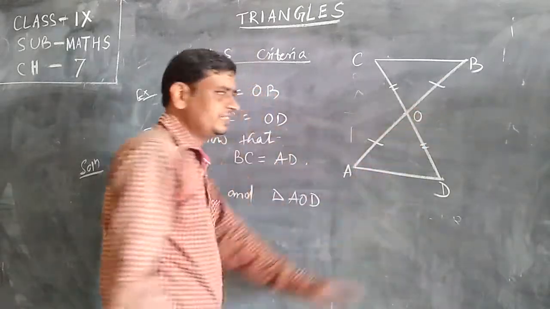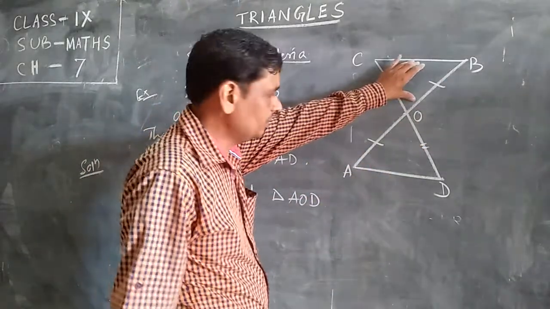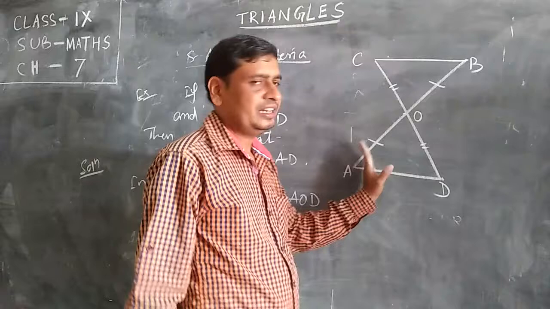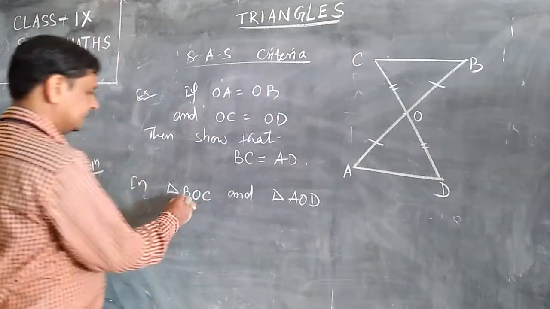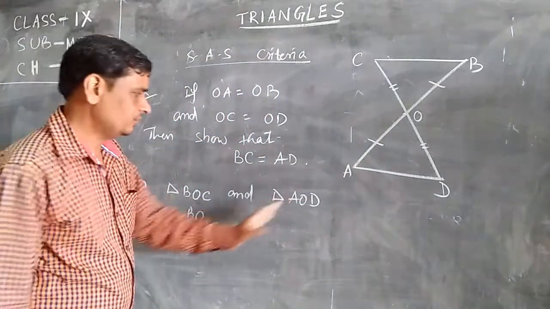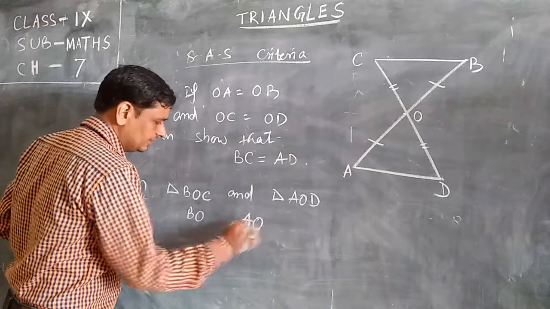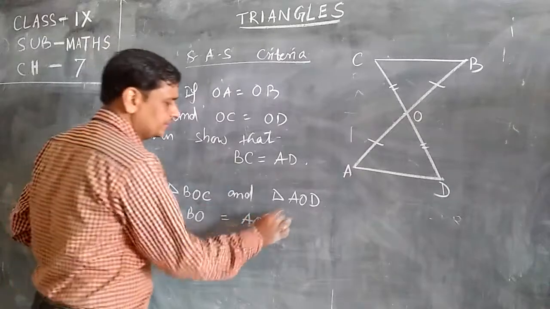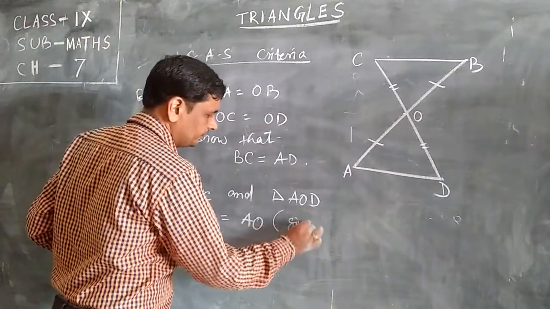BO of the triangle BOC is equal with AO of the triangle AOD. These two are equal. It is given.